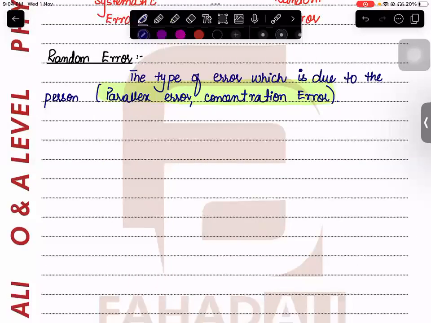Ji, sir. The examiner won't ask you about the definition.